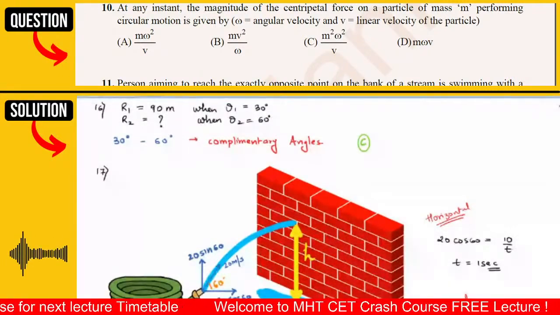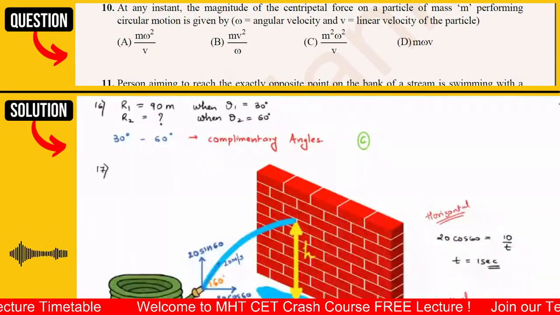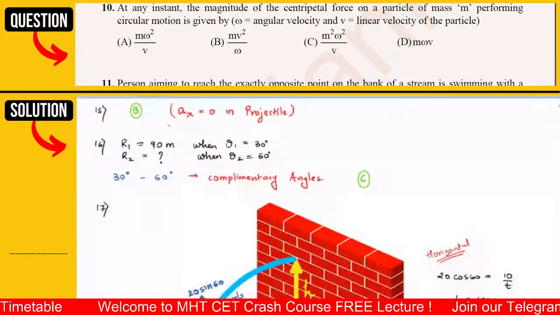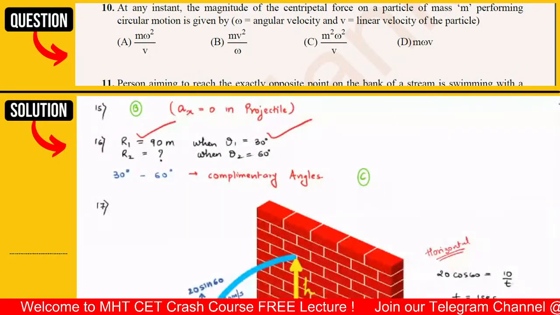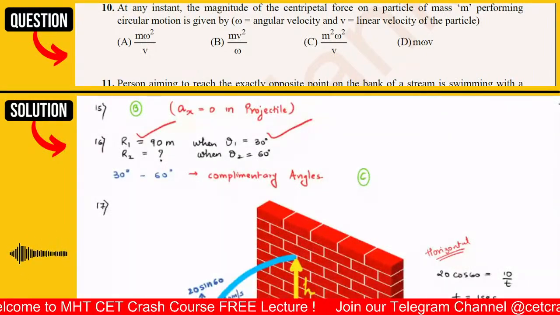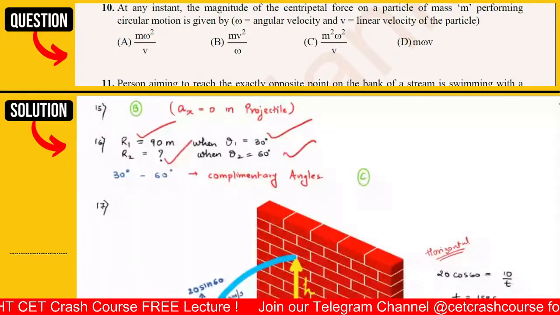Students, can we say that if horizontal distance is 90 meters, it means it is range given? And range 90 meters is given when angle is 30 degrees. Now the question is asking what is the new range when the angle is 60 degrees?